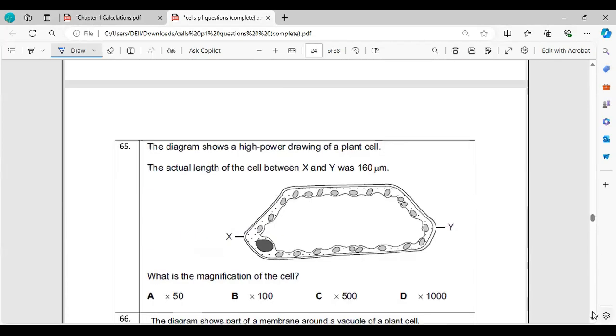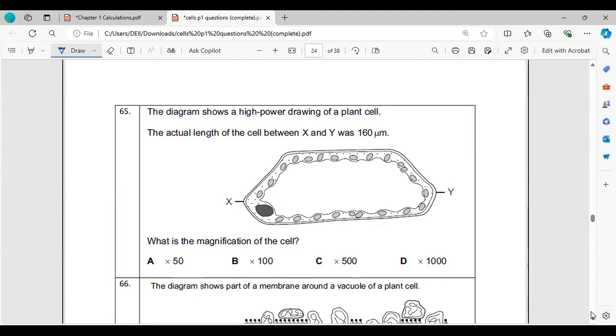All right. So, this is not the same question, but I wanted to tell something about it. The diagram shows a high power drawing of a plant cell. The actual length of the cell between X and Y was 160 micrometers. So they have given you the actual length between X and Y. Now they're asking you the magnification of the cell. So we all know that the formula of magnification is image size over actual size.